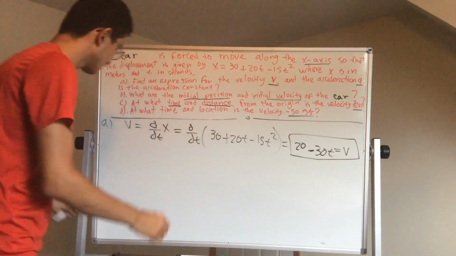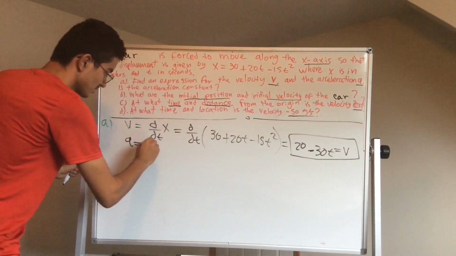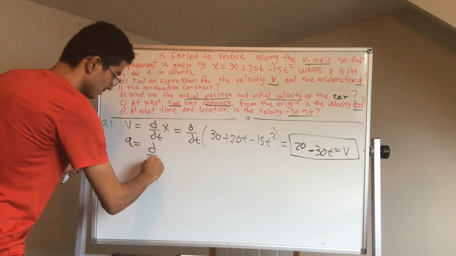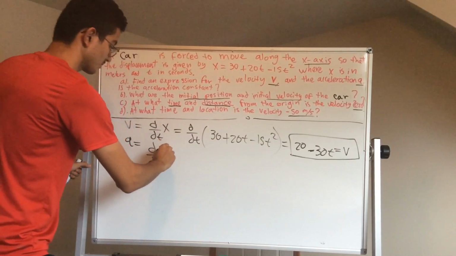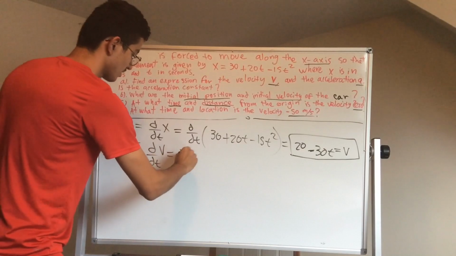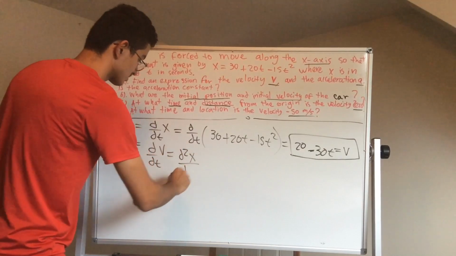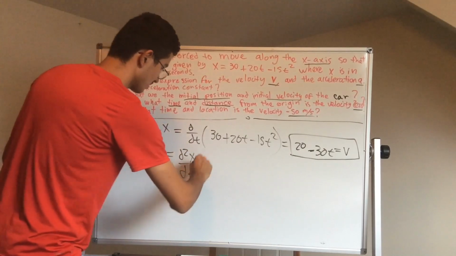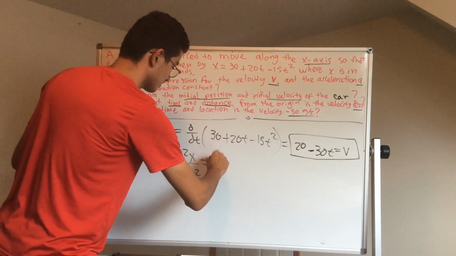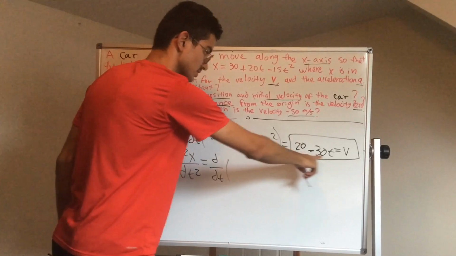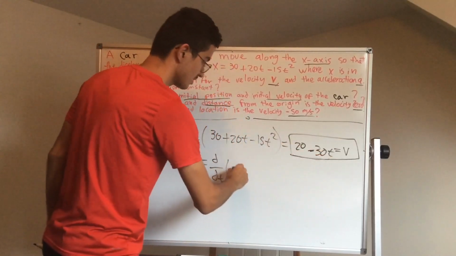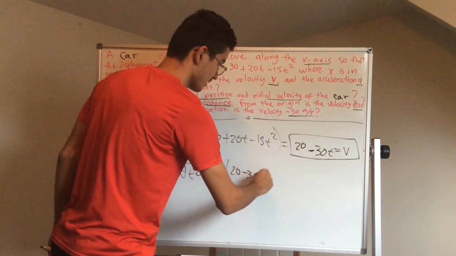Now we're going to find an expression for the acceleration of the car. We know that the acceleration is the first time derivative of the velocity, which is also equal to the second time derivative of position, d squared x over dt squared. So that is d over dt of the velocity function, 20 minus 30t.